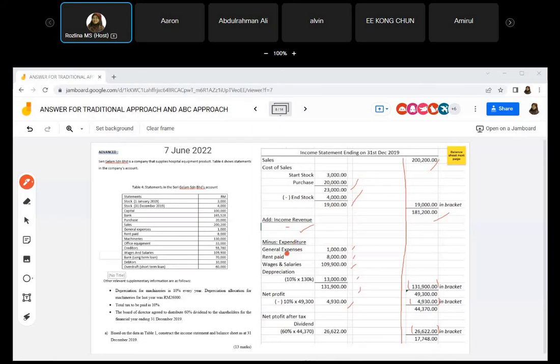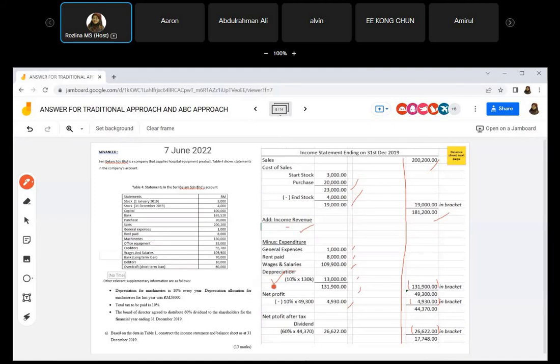And then minus expenditure. Okay, look at this one. And this one depreciation. This is depreciation only for machineries. If you have any others, maybe fixed asset is office equipment, so maybe there is also depreciation for the office equipment.